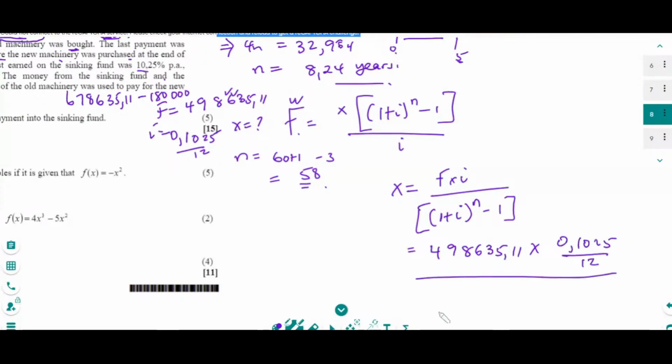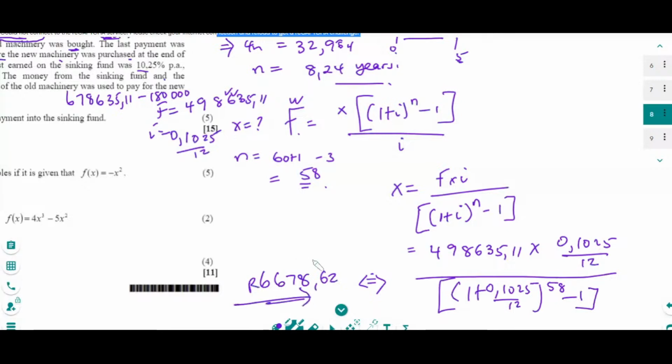Then I'm going to divide this by 1 plus 0.1025 over 12 to the exponent of 58, minus 1. I'll punch that in the calculator, and I'm going to end up with 6,678.62 rand. So every month I must use that.